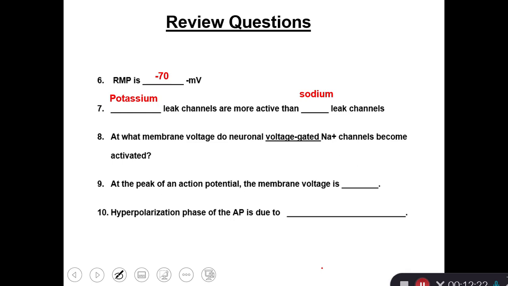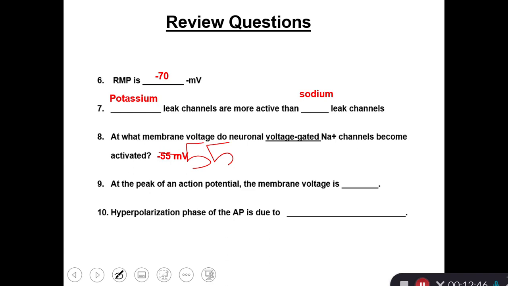At what membrane voltage do neuronal voltage-gated channels become activated? The voltage-gated sodium channels become active when the membrane goes up to the threshold, which is minus 55 millivolt. What is the peak of the action potential?